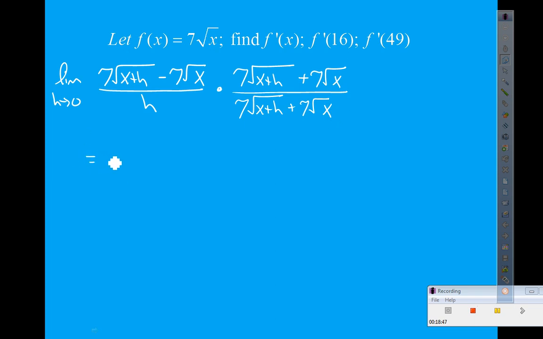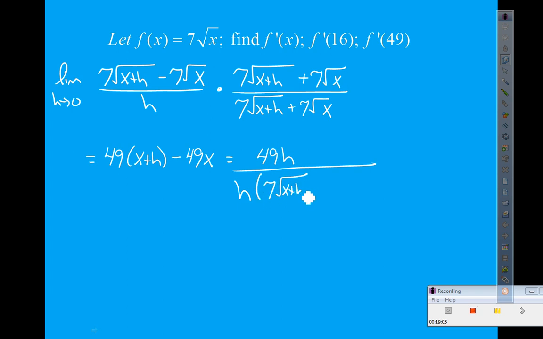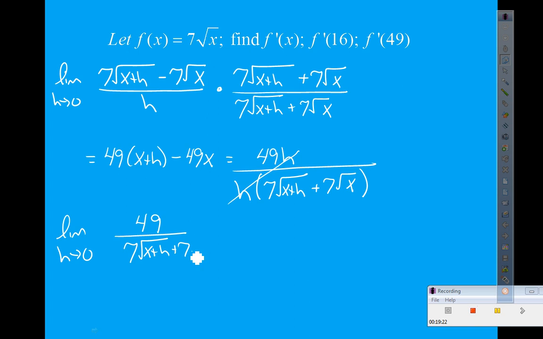My numerator becomes 49 times x plus h minus 49x, which really becomes 49h over h times 7 radical x plus h plus 7 radical x. These cancel out. So then I've got the limit as h approaches 0 of 49 over 7 radical x plus h plus 7 radical x.